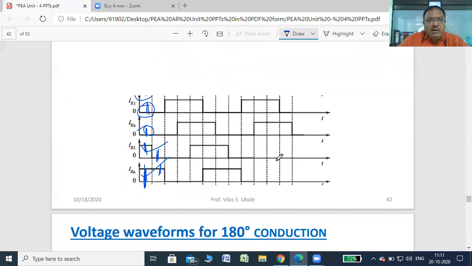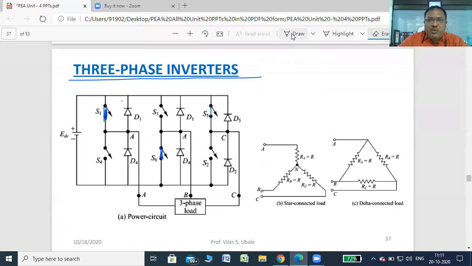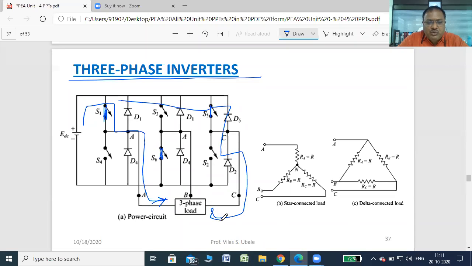How does it change? See this particular circuit diagram. When S1, S5 and S6 are on, the current flows from EDC through S1 to the phase. So phase A is positive here because current is coming in. Similarly S5, then C. So C is also positive, and current leaves to the load through S6. So B is negative.